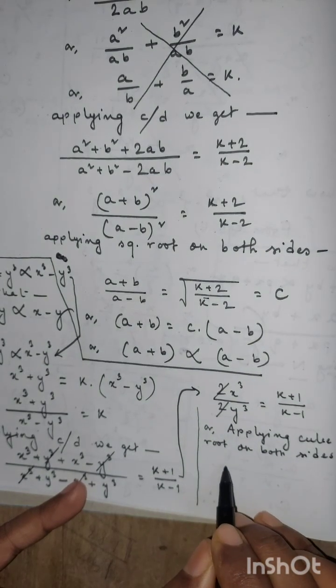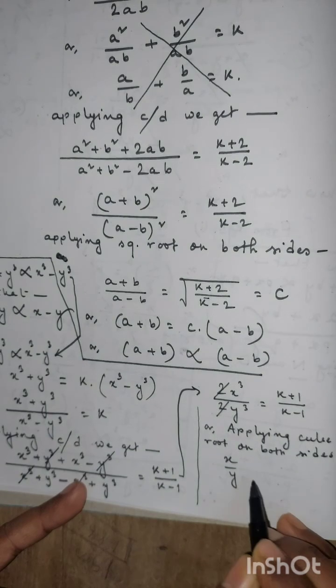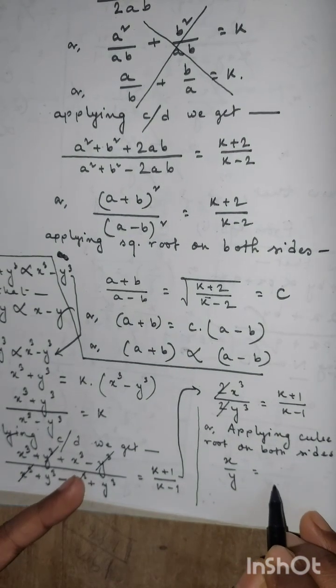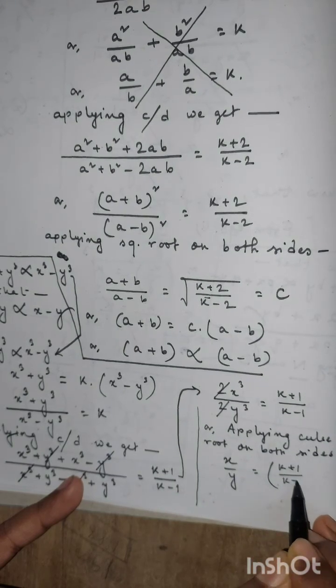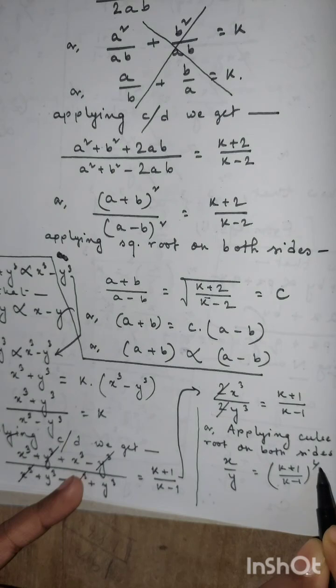So the left side becomes x by y and the right side becomes k plus 1 by k minus 1 to the power 1/3.